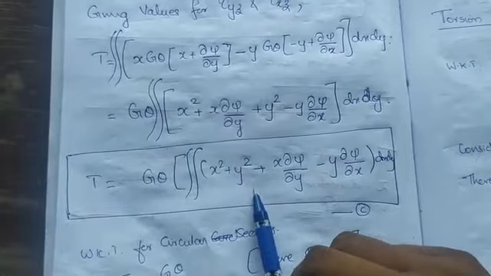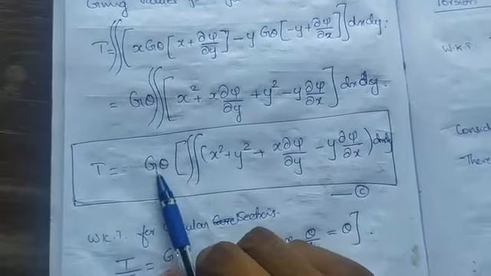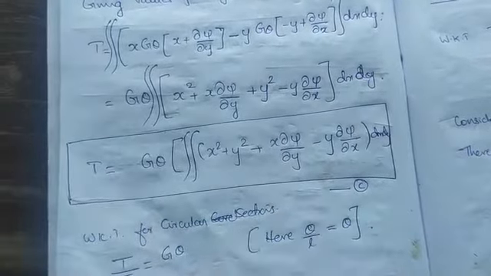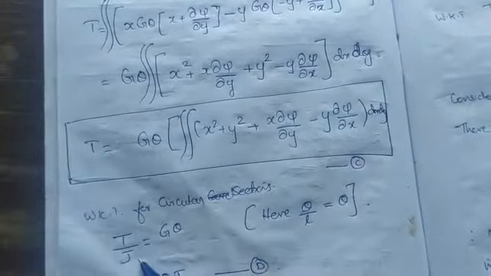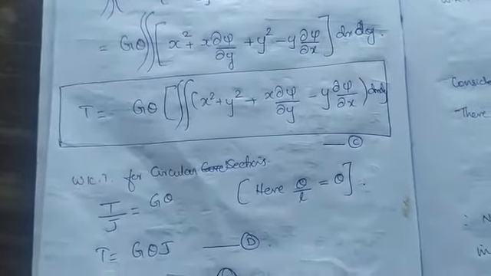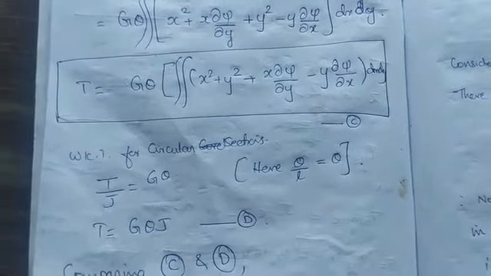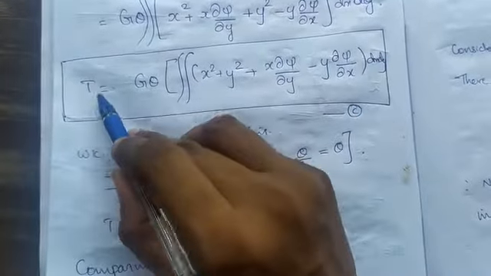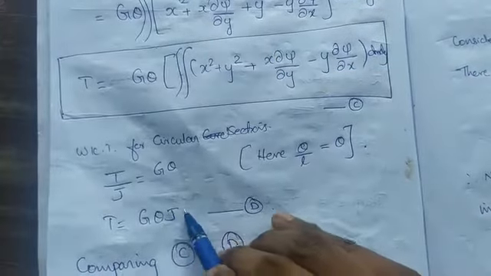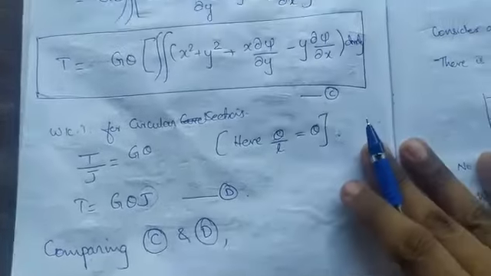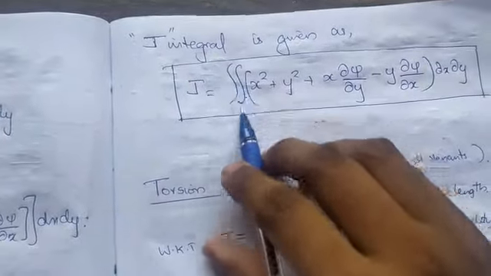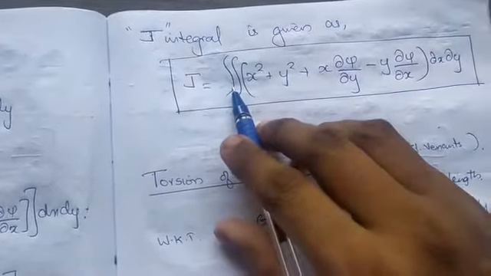You will get this equation. Now keeping this G theta outside, and if you analyze this equation, for a circular section T by J is equal to G theta. That means the torque T is equal to G theta into J. Here also, torque is equal to G theta into some term, and this term will be equal to J, similar to this J. This is called the J integral, and because you have two integrals, the J integral is given by this equation.